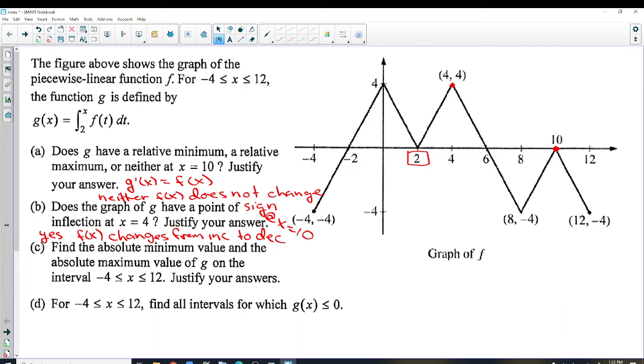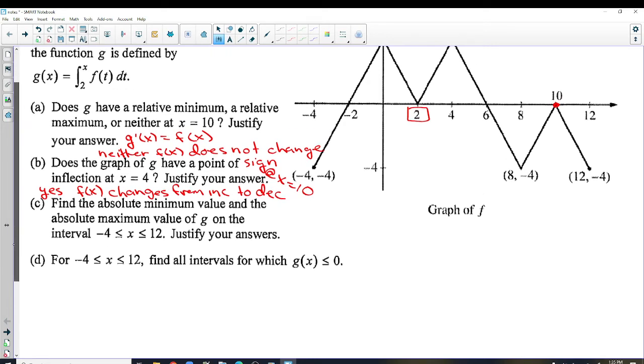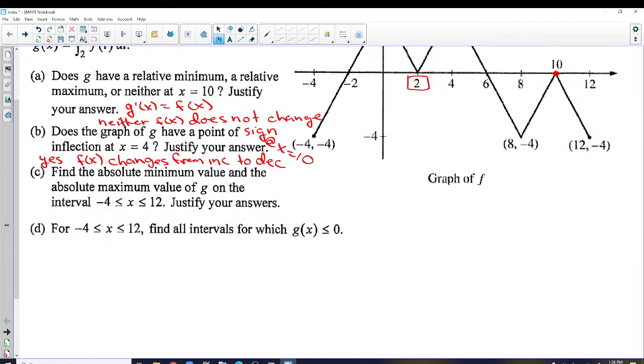C, find the absolute minimum value and the absolute maximum value of g on the interval negative 4 to 12. So let's find g of negative 4. So it's letter C. g of, let's see, there's a critical point at negative 2. That's where f would be 0, which means g prime would be 0.